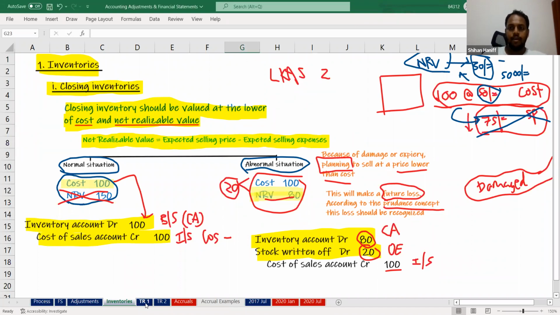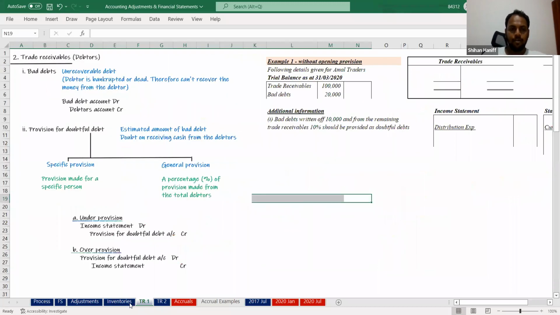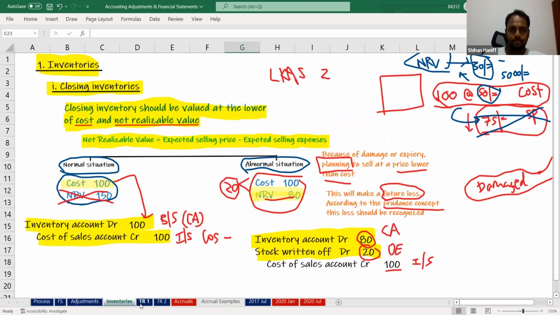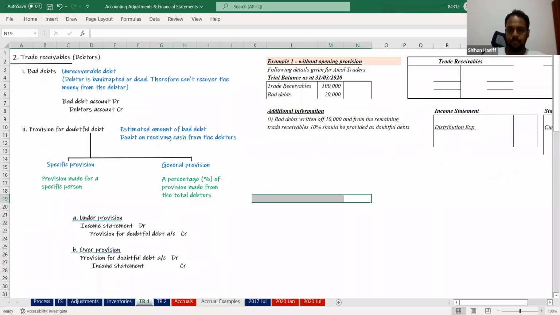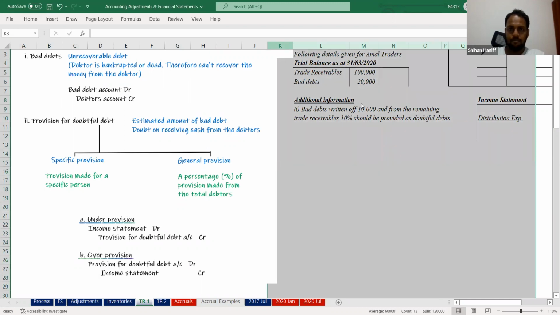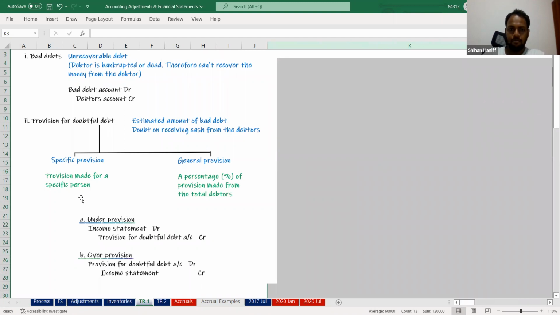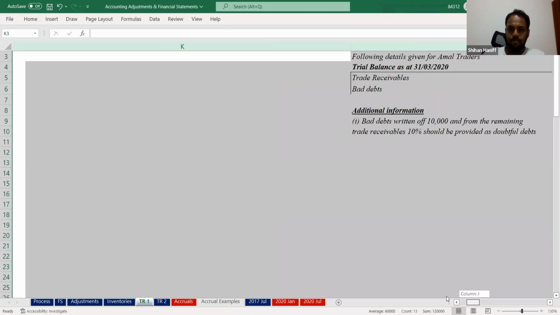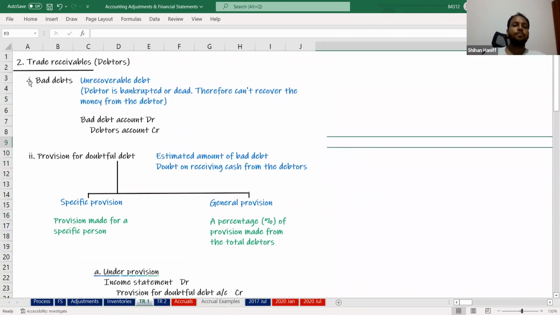Now, the second item, trade receivables. I will share all these notes.